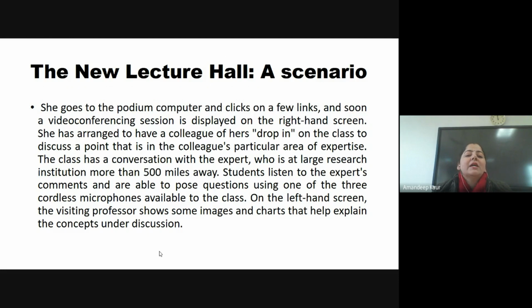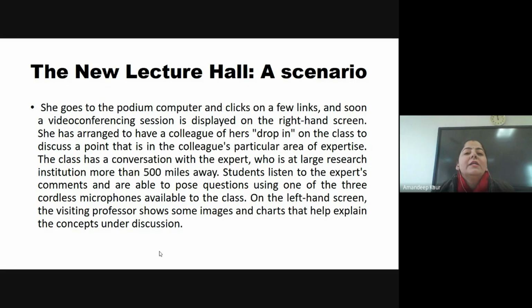The class has a conversation with an expert who is at a large research institute more than 500 miles away. Students listen to the expert's comments and are able to pose questions using one of the three cordless microphones available to the class. On the left-hand screen, the visiting professor shows some images and charts that help explain the concept under discussion.